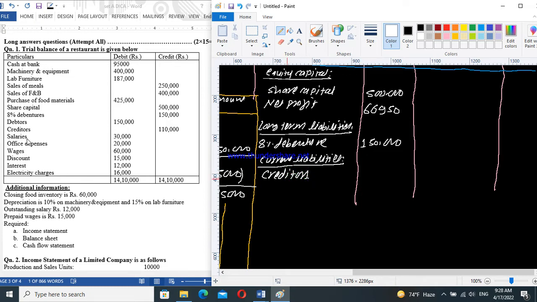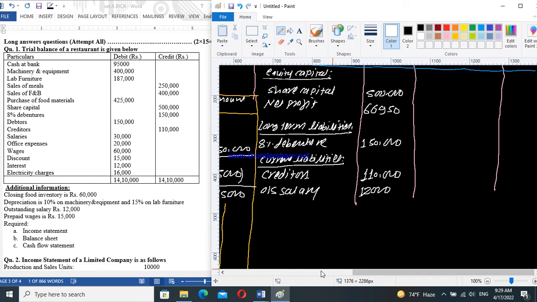The amount of the creditors is 1,10,000. Next we have outstanding salary, 12,000.